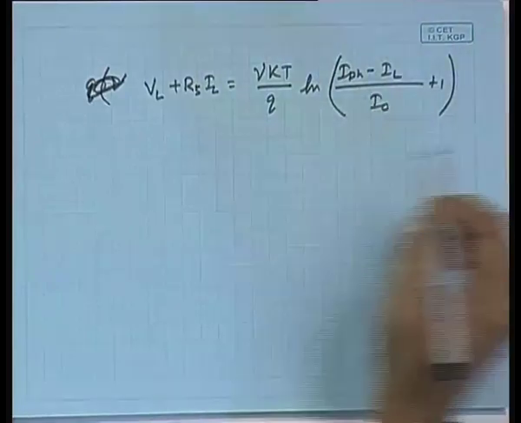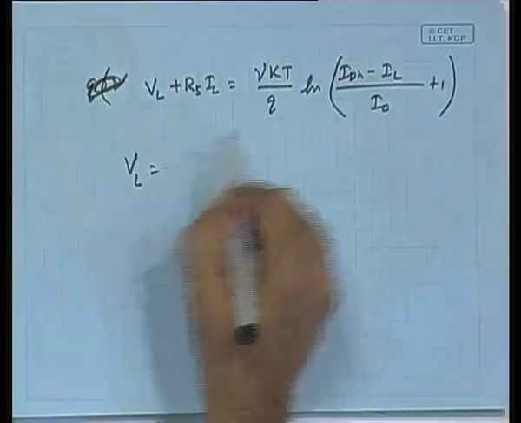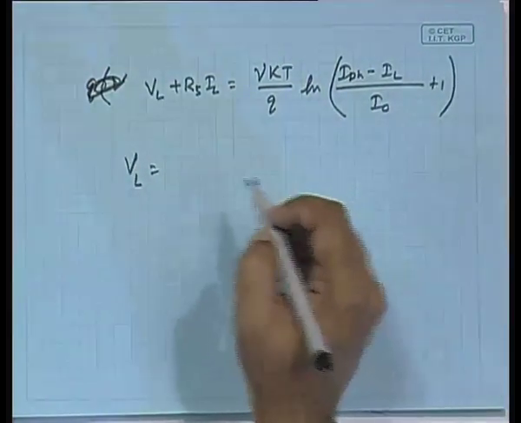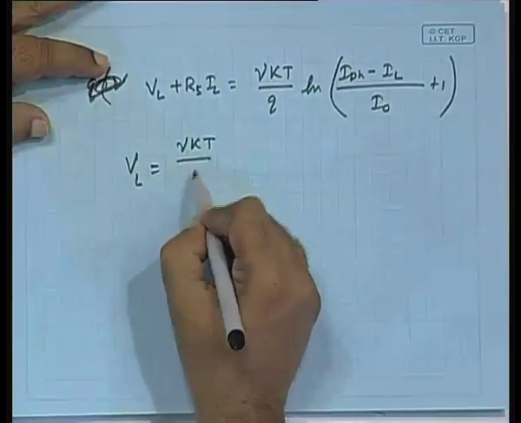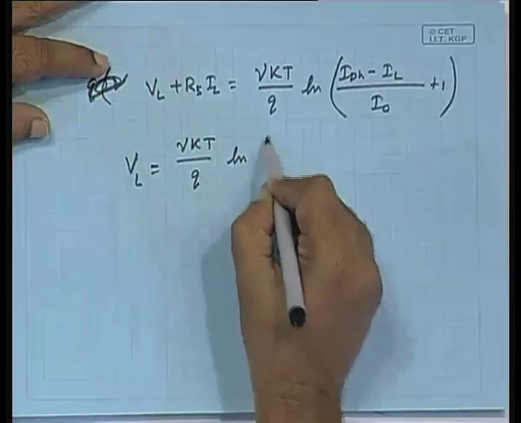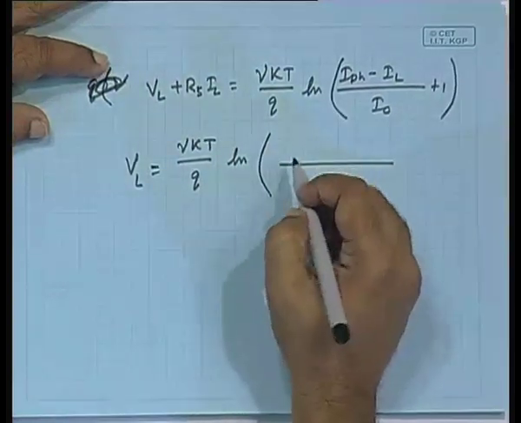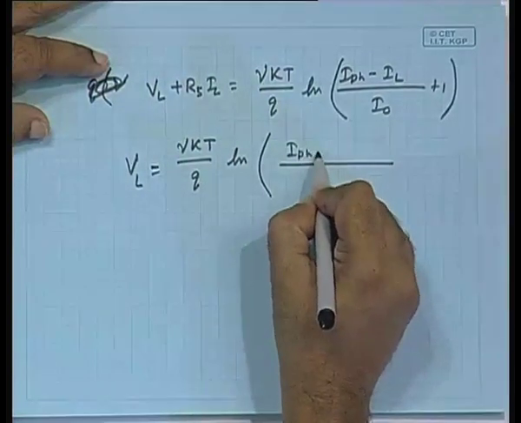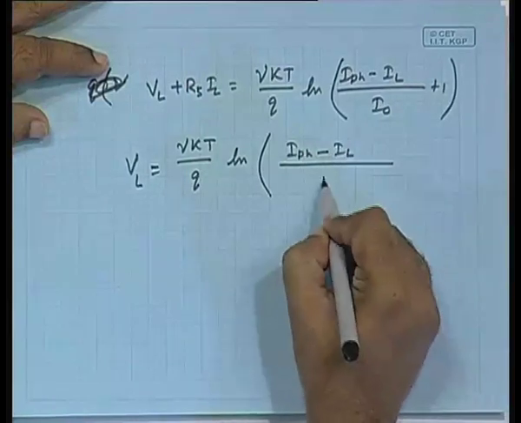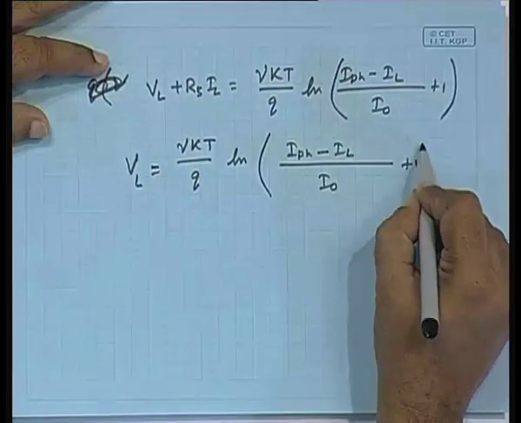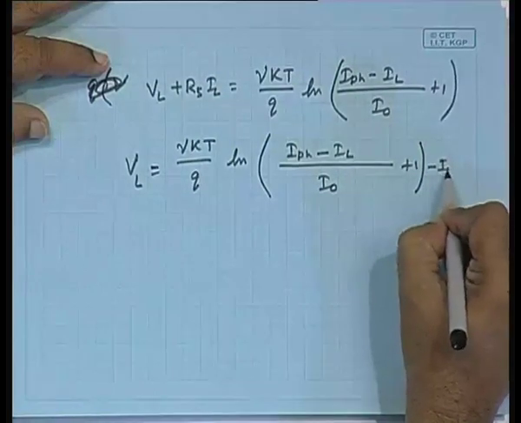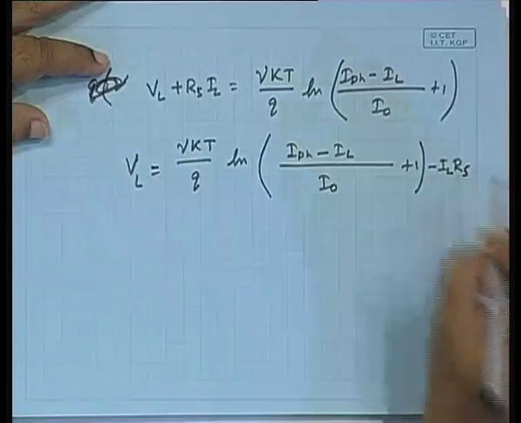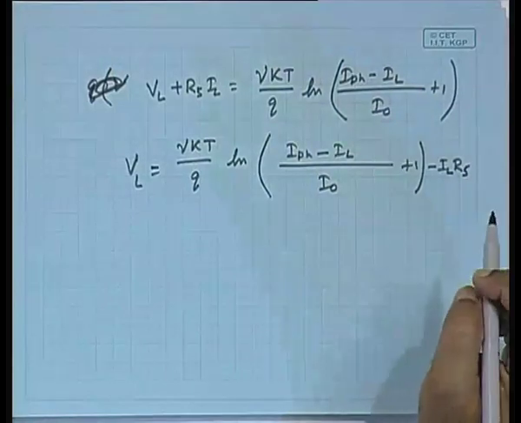So V L is equal to this minus I L R S. Fine.